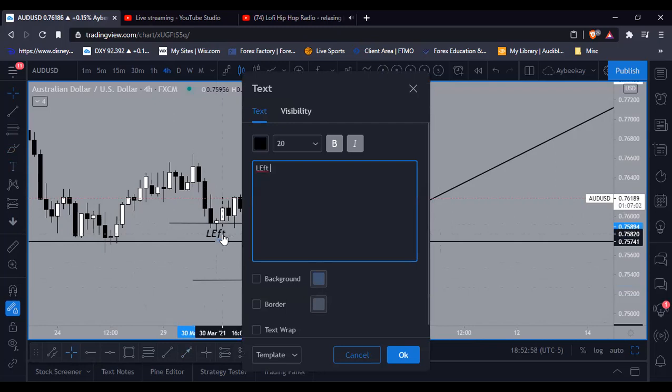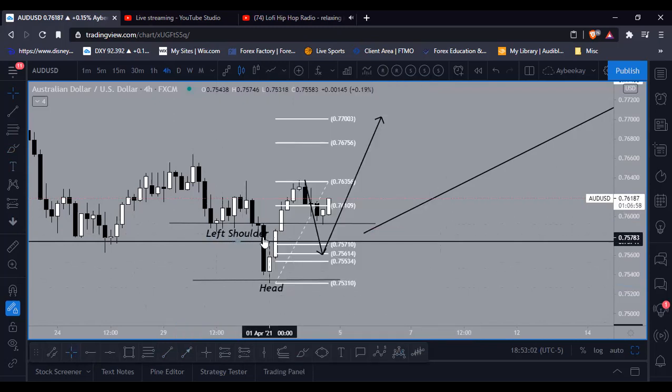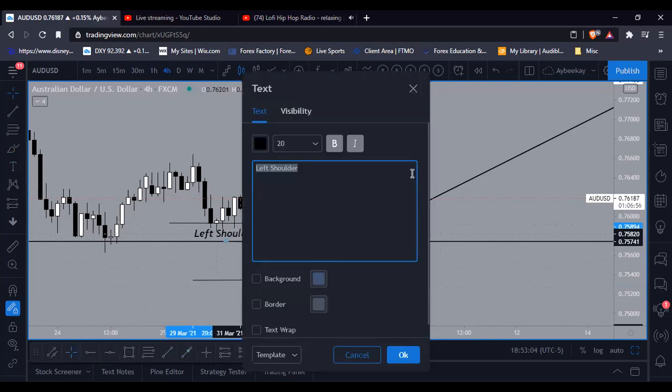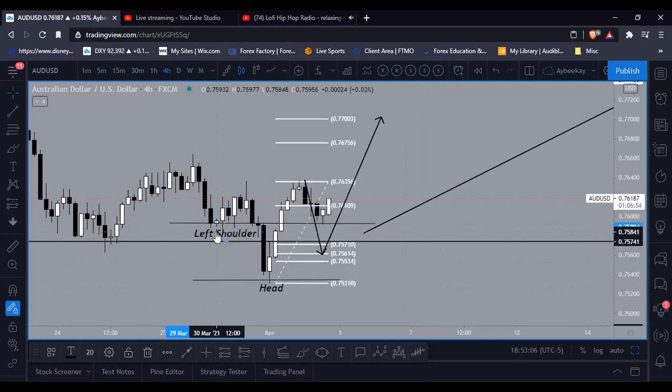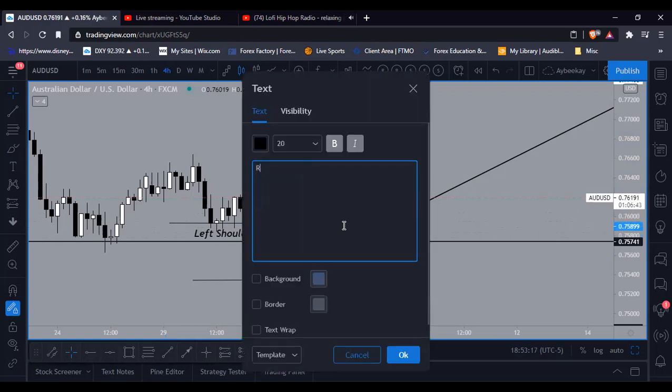Left shoulder. Copy that. Paste it over here. And over here, right shoulder.